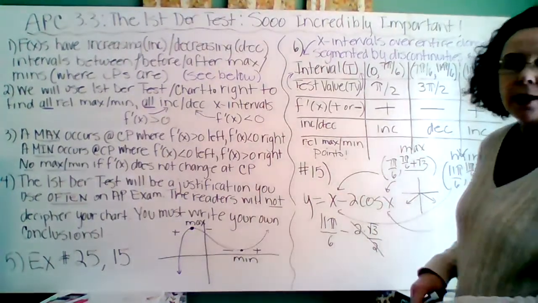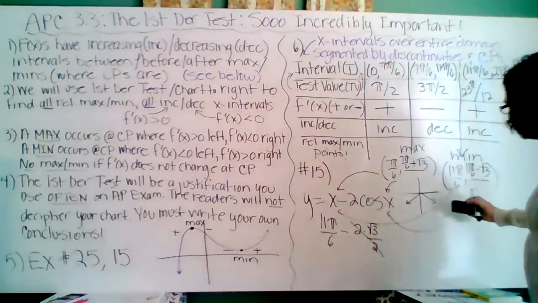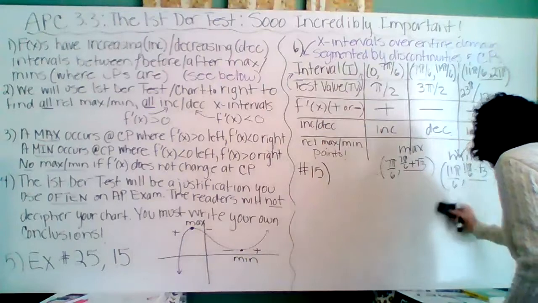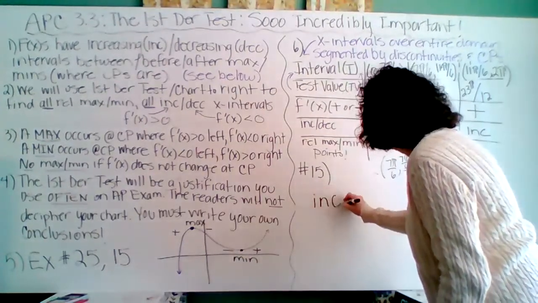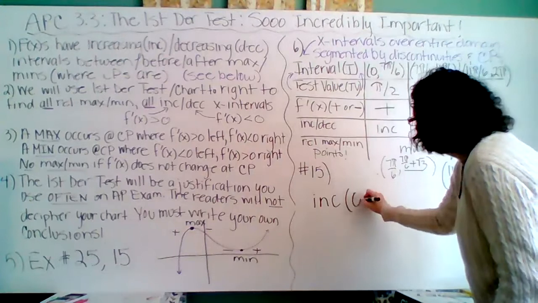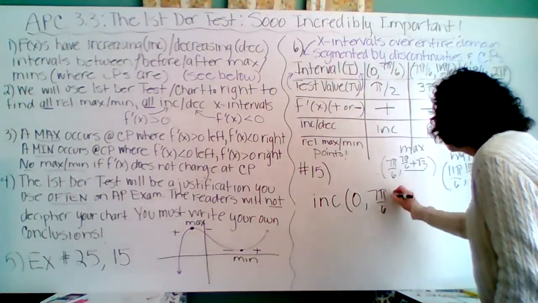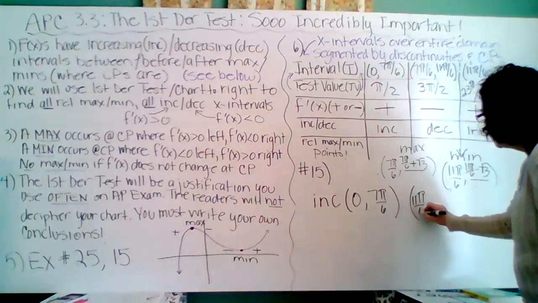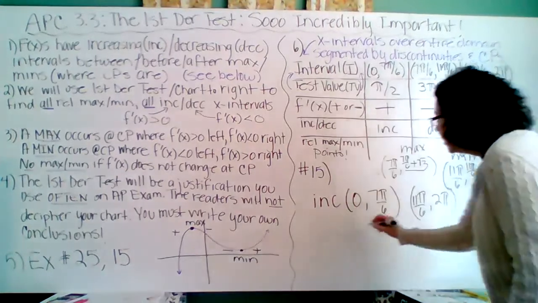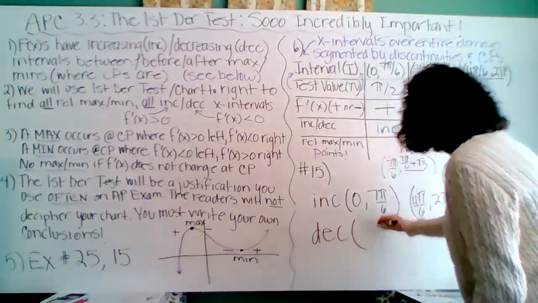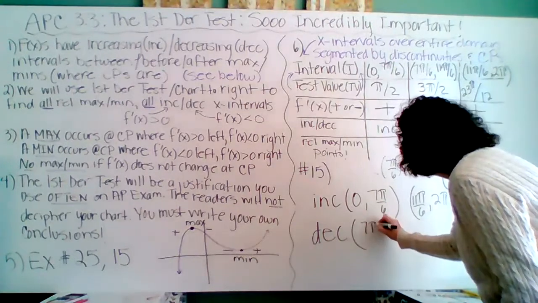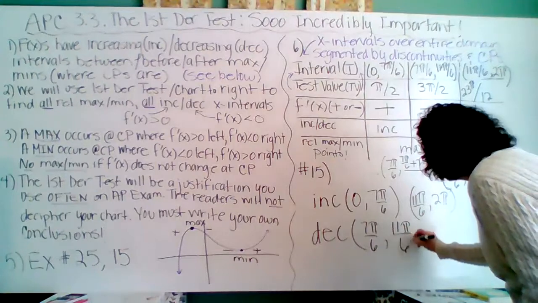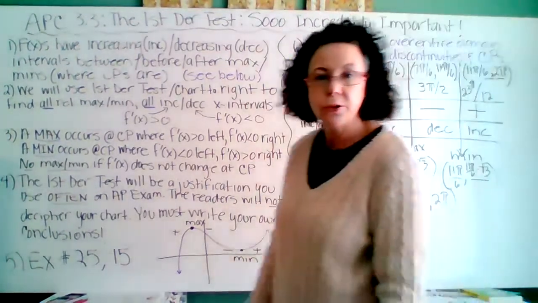So our conclusions are, here's our maximum and minimum points. And we can also include that the function is increasing from 0 to 7 pi over 6 and from 11 pi over 6 to 2 pi. The function is decreasing from 7 pi over 6 to 11 pi over 6. There we go, and there's our conclusions.